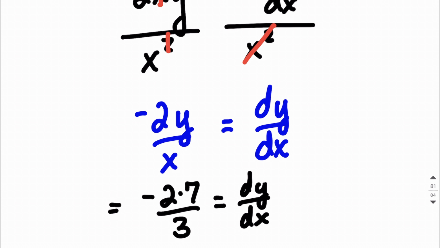A little bit of simplifying down here. We'll go ahead and say negative 2 times 7 is negative 14 over that 3. All right, so when we get done, that's our final answer. That's our derivative of this volume function, the derivative of y with respect to x.